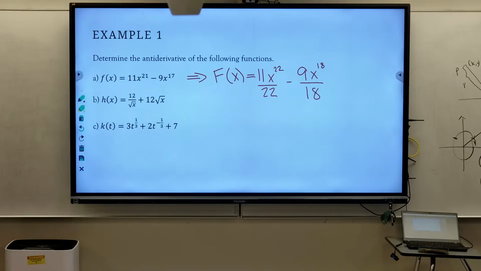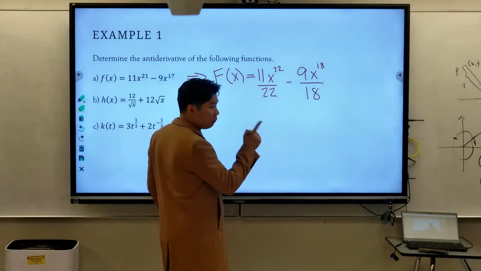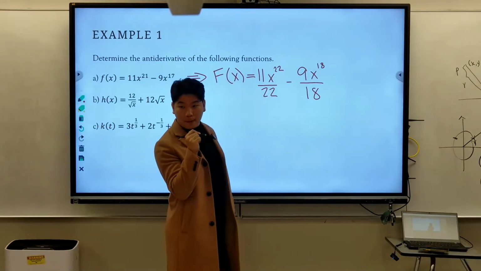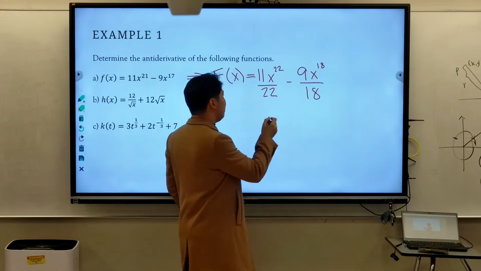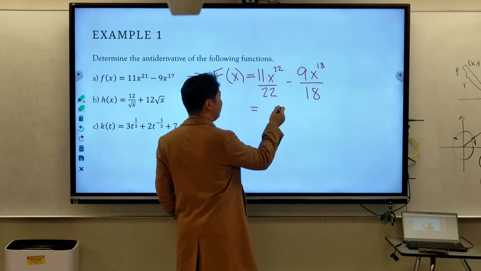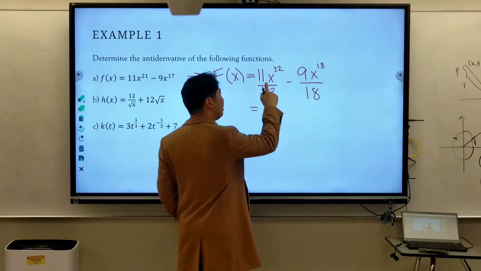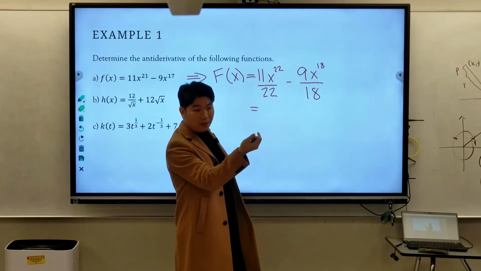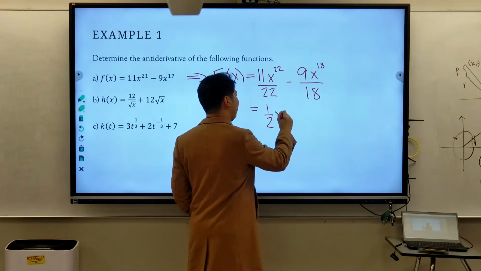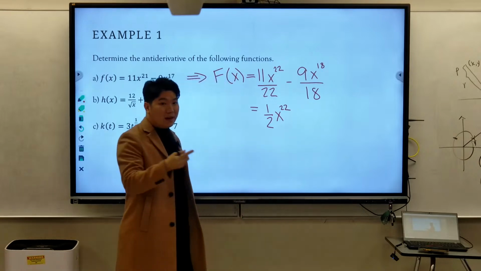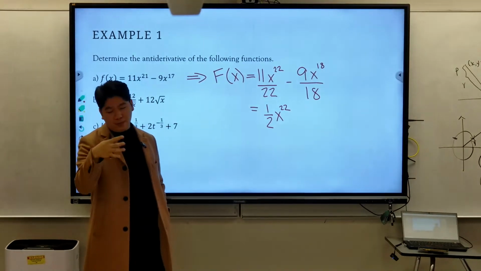So that's me doing sort of the opposite of my power rule for differentiation. Yeah, you can put it on the side, it means the same thing. If I just want to clean this up a little bit, 11 over 22, we get 1/2. So if you want to write it on the side, you could write this, or you can write x to the 22nd over 2. They mean the same thing.